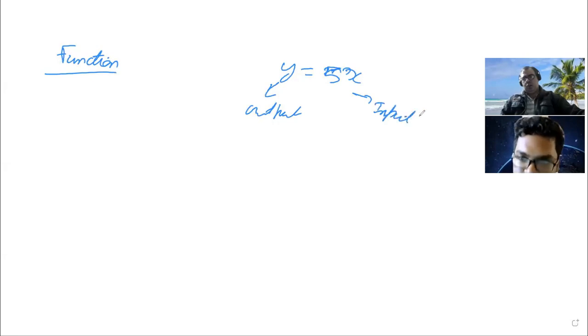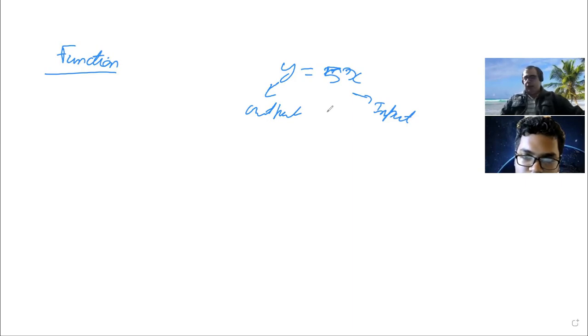Yes, sure. So basically, a function is nothing but a relationship between an input and an output, right? And every input has a distinct output. But an output may have different inputs also.